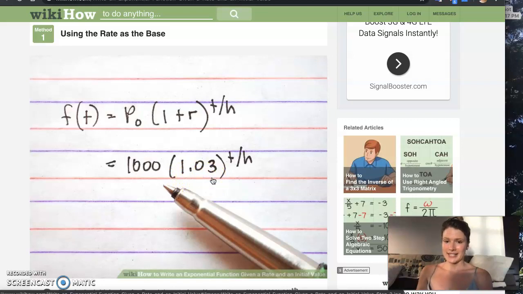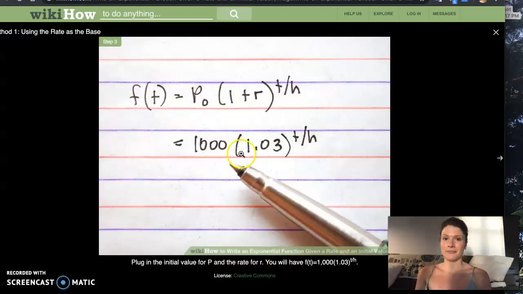If I'm thinking of this as money, I'm depositing $1,000 and then it's growing at a rate of 3% over some period of time. Okay, so for today, don't worry about the growth rate. We're just thinking about what initial value would make sense in the case of COVID. In other words, how many cases of COVID are we starting with?